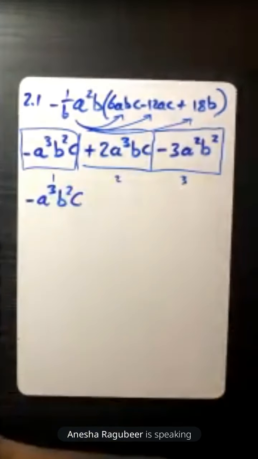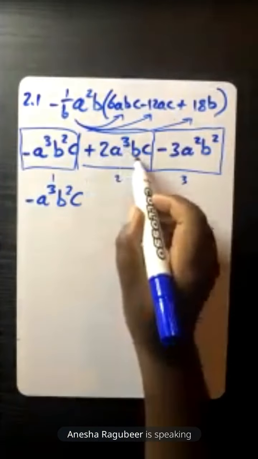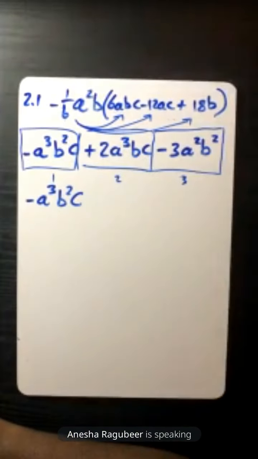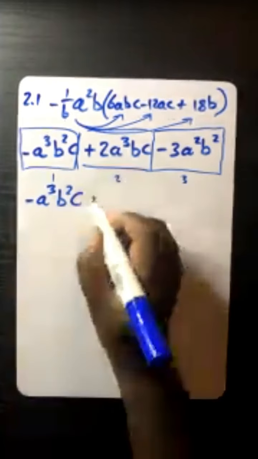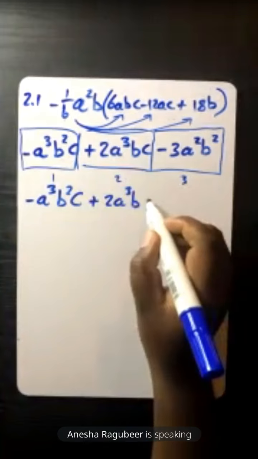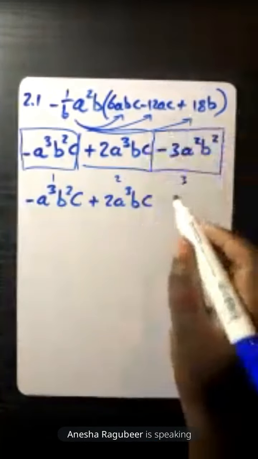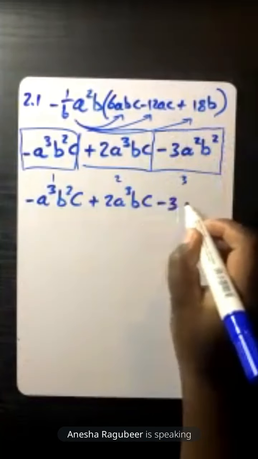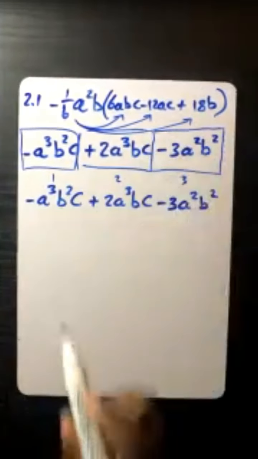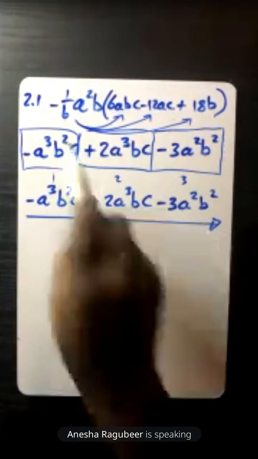Now, Shreyas, have we got another like term which has got a to the exponent 3bc? No, sir. We do not have, which means it remains as 2 to the exponent 3bc. Obviously, no term for that one, isn't it? Then it just remains as a squared b squared, which means this should be the end of that problem.